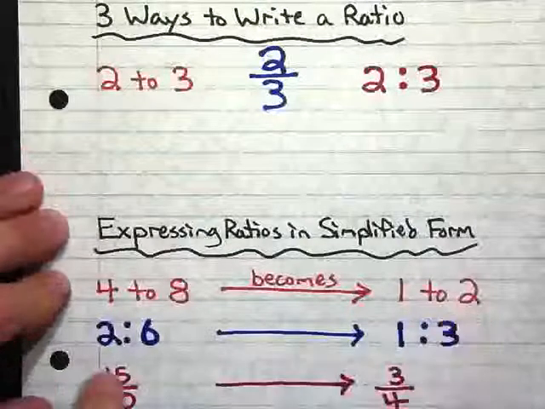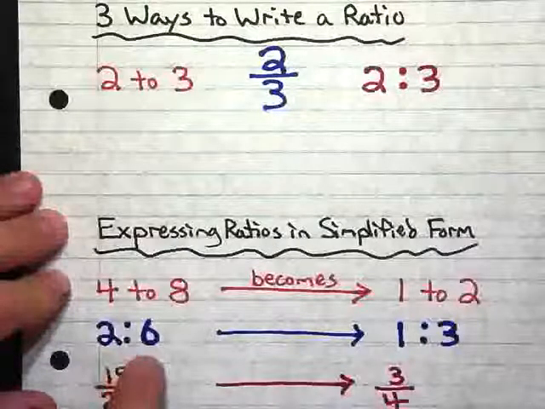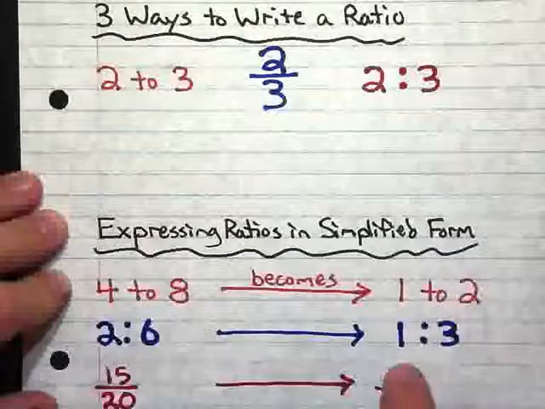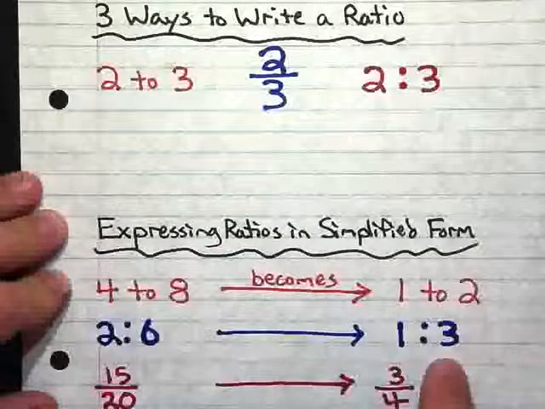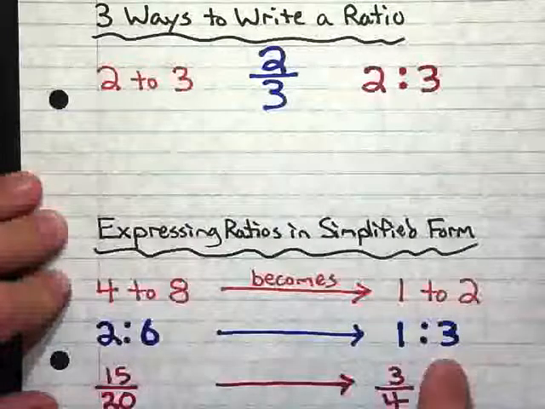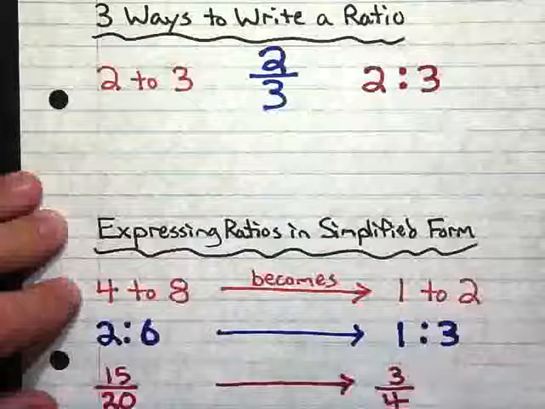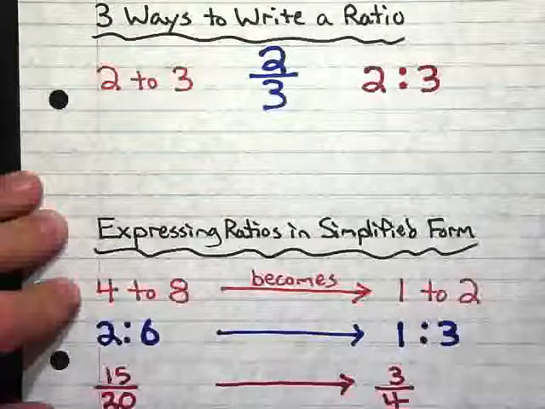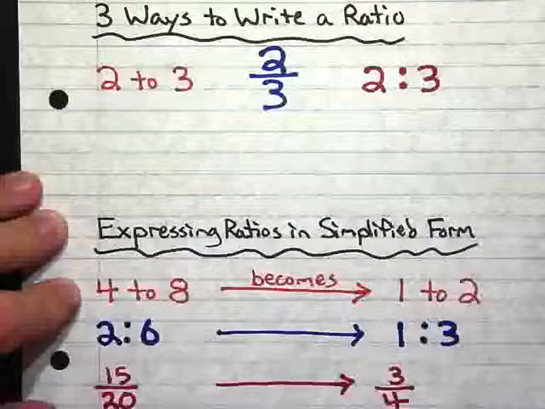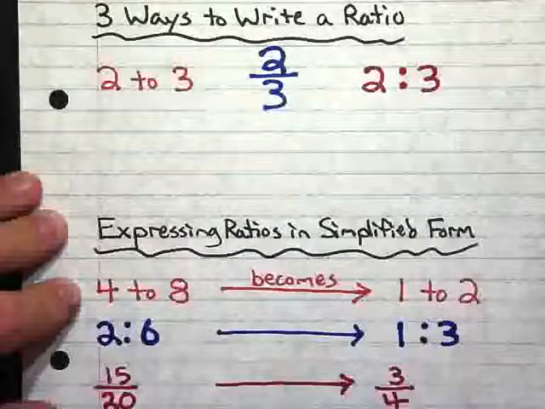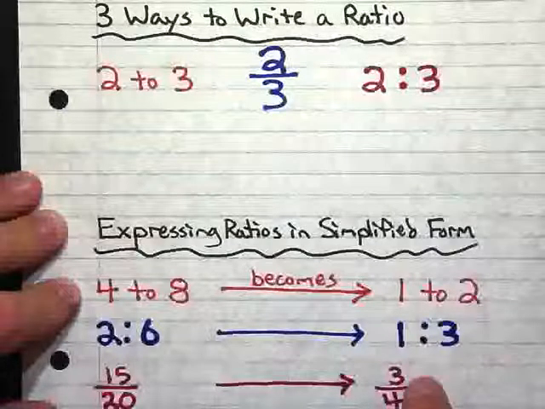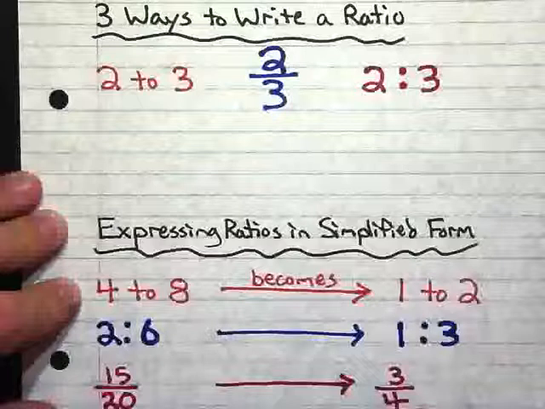Here 2 colon 6 becomes 1 colon 3 because 2 goes into 2 once and 2 goes into 6 3 times. Here you have 15 over 20, which reduces down to 3 over 4 because 5 goes into 15 3 times and 5 goes into 20 4 times.